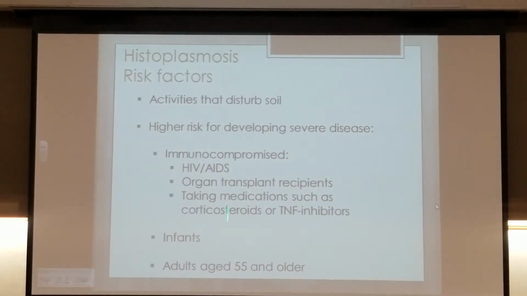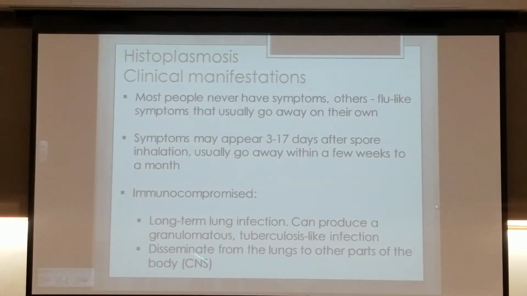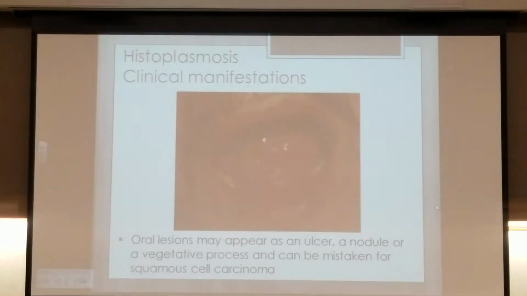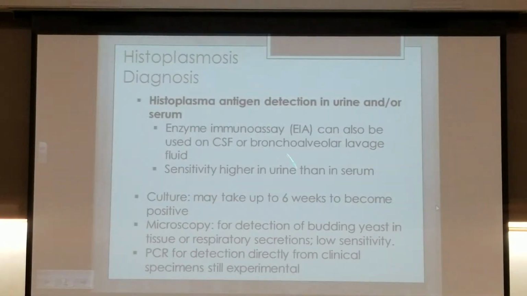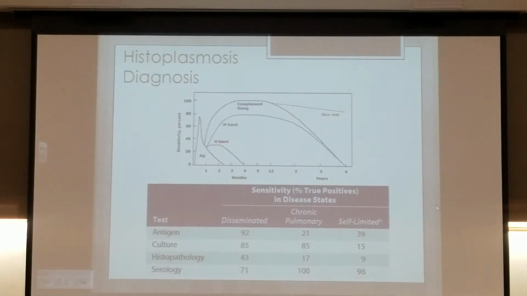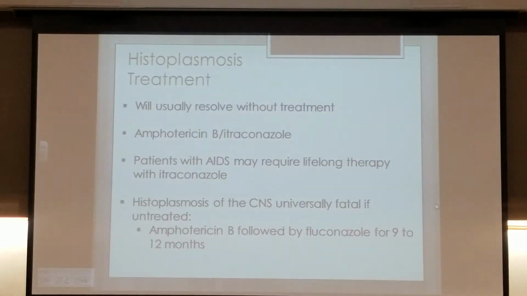Risk groups, these are going to be the same as a lot of the other risk groups you have. I don't specifically ask you about it in exam 2, but that doesn't mean you don't know it. Know this, the diagnosis, which is the best test for diagnosing acute histoplasmosis infection.